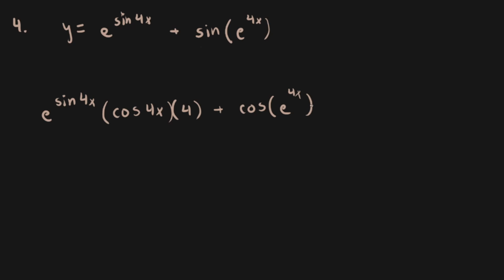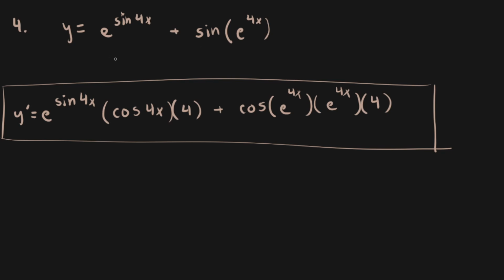Now we take the derivative of the argument of sine. The derivative of e to the x is just e to the x, so we're just going to be left with e to the 4x. Now we have to take the derivative of the power, 4x. The derivative of 4x is just 4. So y prime equals, this is your final answer.